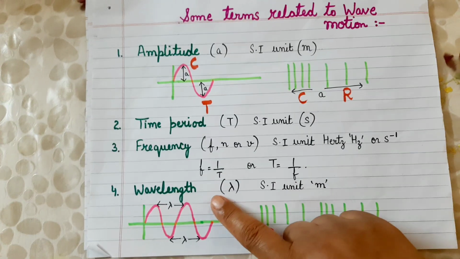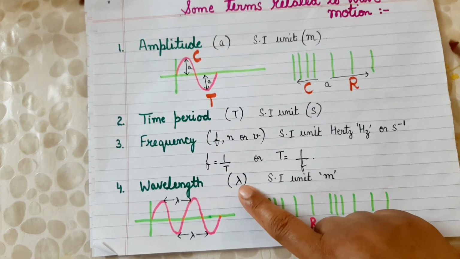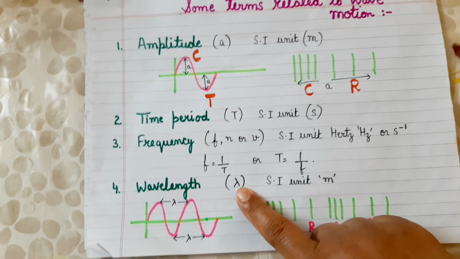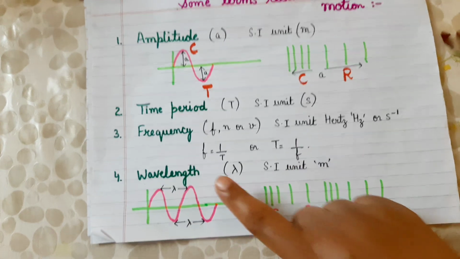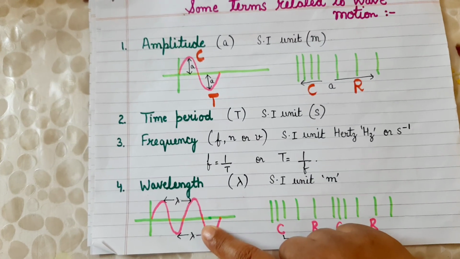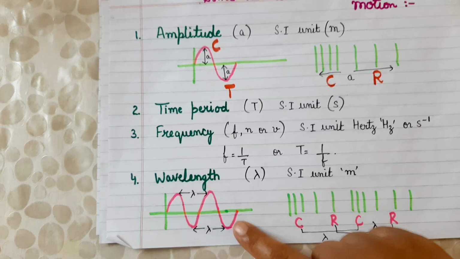Okay, and then the next definition is wavelength. Wavelength is denoted by lambda. This thing which looks like an upside-down y is known as lambda, and the SI unit of wavelength is meters. How can you define wavelength? For a transverse wave, wavelength is the distance between two consecutive crests or two consecutive troughs.